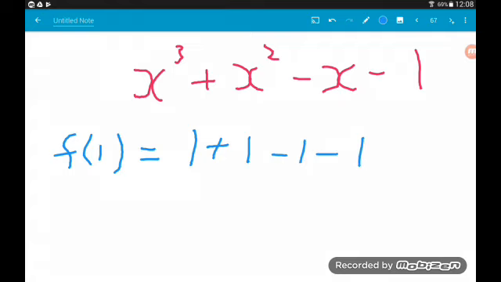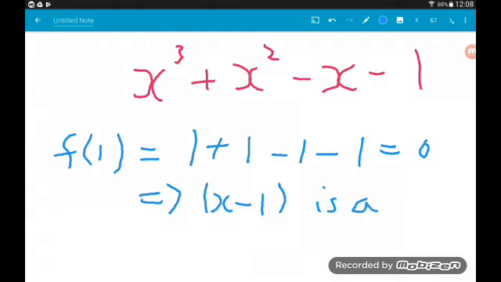That is indeed equal to 0. So this implies that x minus 1 is a factor. So we've got our linear factor.